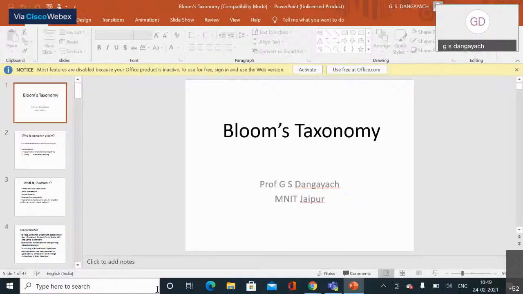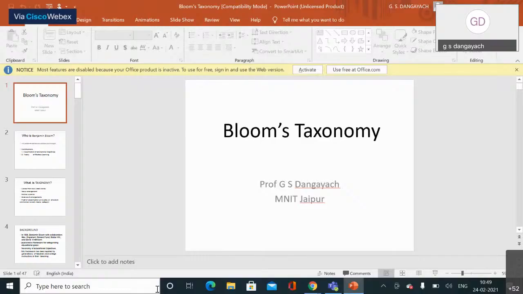because when you set a question paper, it should not consist of all numericals or all theory. We can divide our question paper percentage-wise so that the six cognitive levels are ensured.